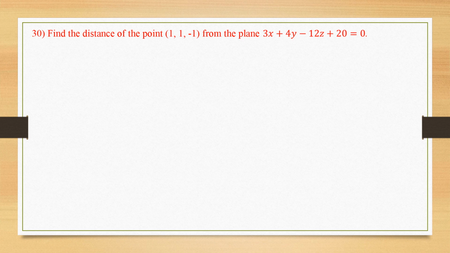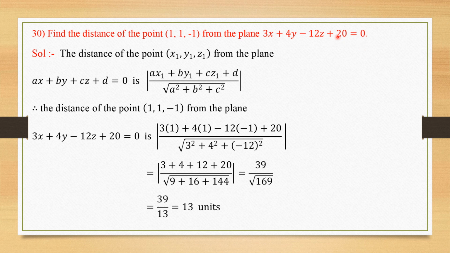Example number 30. Find the distance of the point 1, 1, minus 1 from the plane 3x plus 4y minus 12z plus 20 equal to 0. Here we are given the Cartesian form of the plane. Solution.